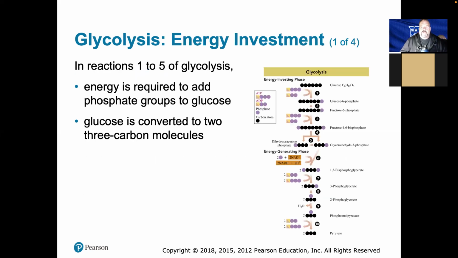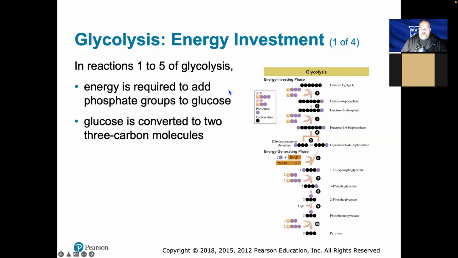So, a lot going on in glycolysis, and you don't have to memorize everything that's here, not at all. In reactions 1 to 5 of glycolysis, glucose is converted into glucose 6-phosphate and fructose 6-phosphate, then fructose 1,6-bisphosphate, and then those conversions go on to glyceraldehyde 3-phosphate.